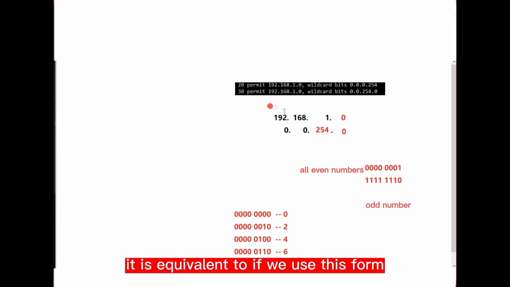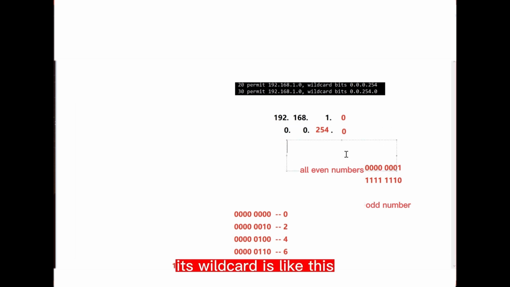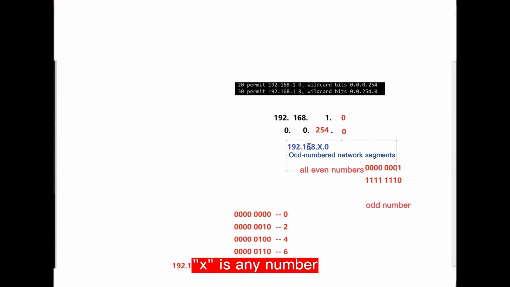It is equivalent to, if we use this form, 192.168.1.0 with this wildcard, it is equivalent to 192.168.x.0, where x is any number.